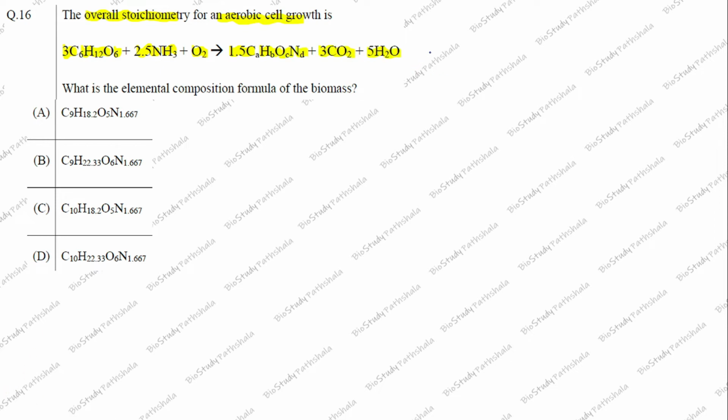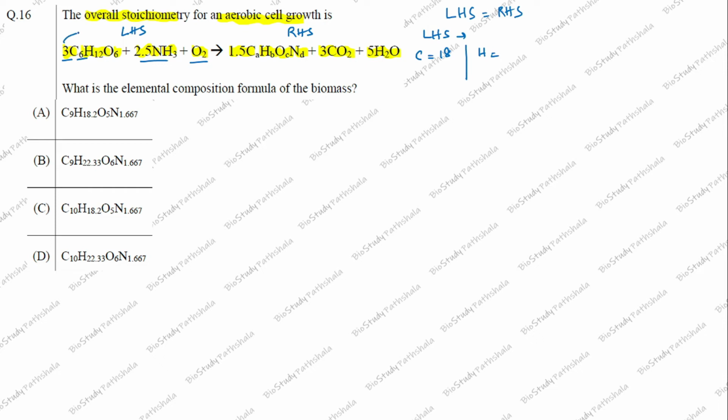So how we will do this? Let's see. We all know that in mathematical formula, LHS is equal to RHS. This side is LHS and this side is RHS. In LHS, the number of carbon is 3 into 6, that is 18, plus here no other carbons are available. Next is hydrogen.